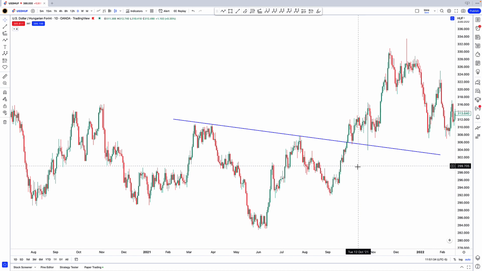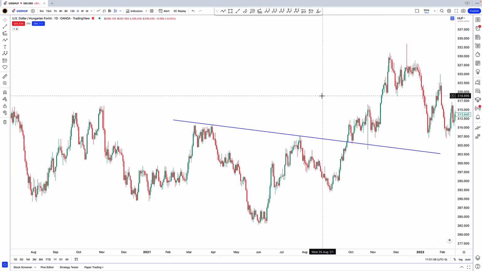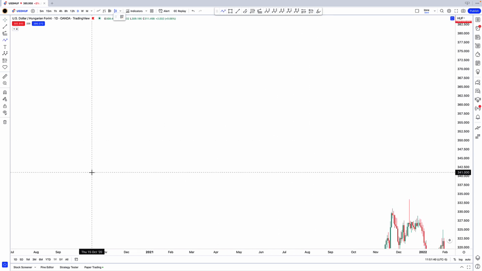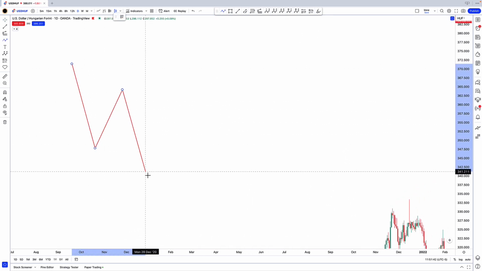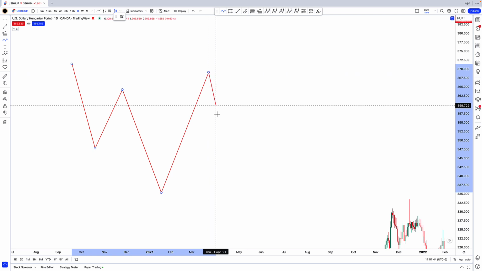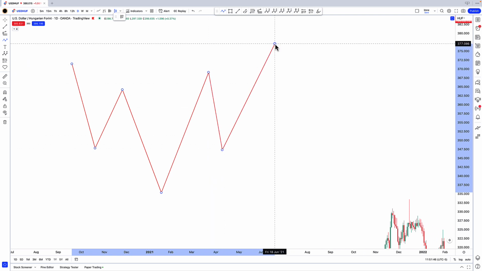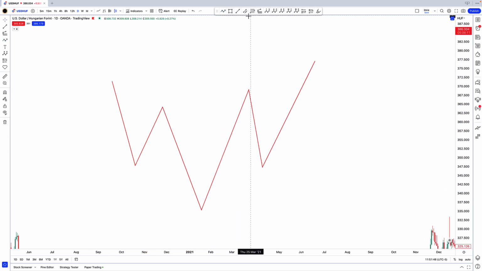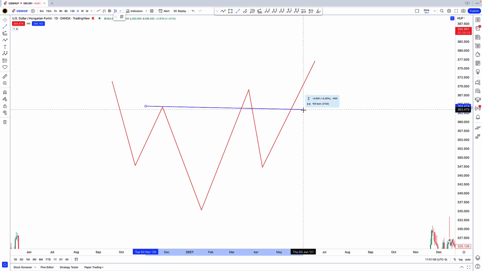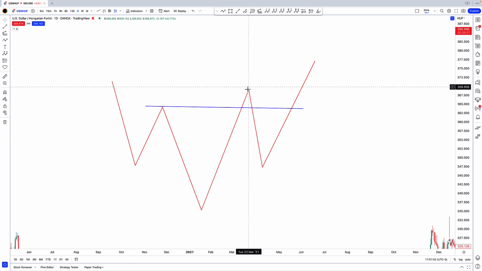But I do want to give you some words of caution, all right? We're going to go back to our idealized line diagram example for a moment. Is this a head and shoulders pattern? Some chartists will say yes. I say no. The reason for that is that we got a new high already.